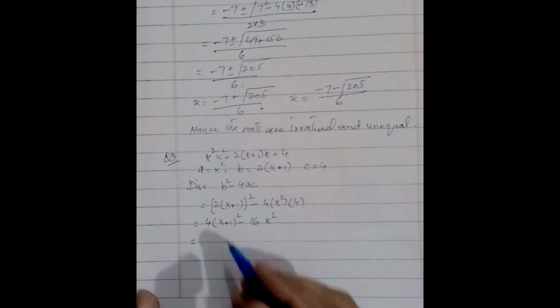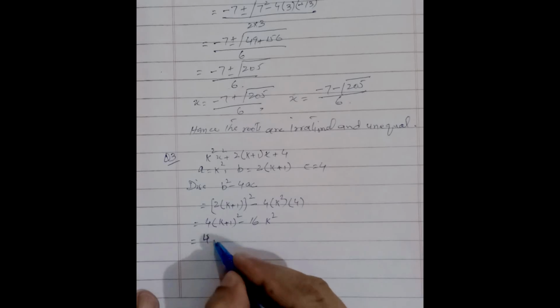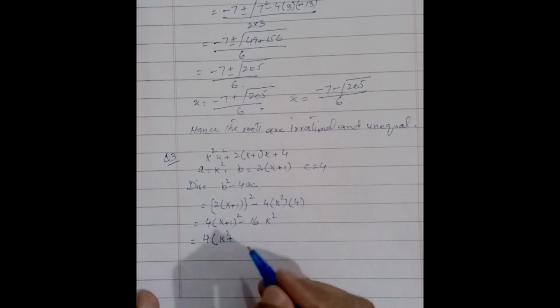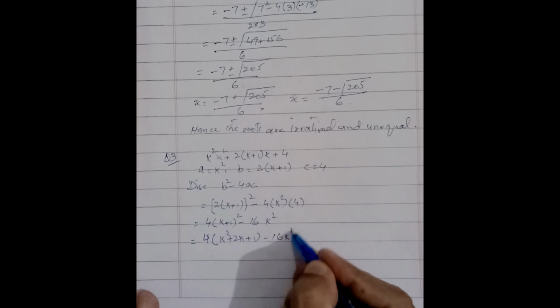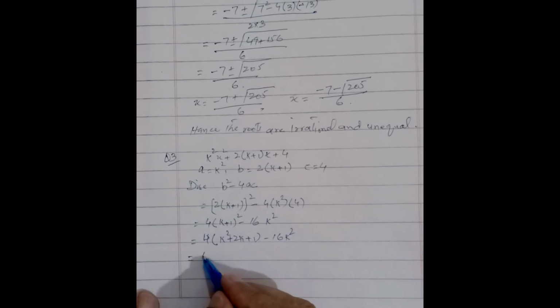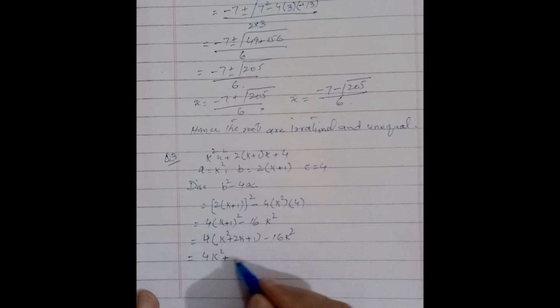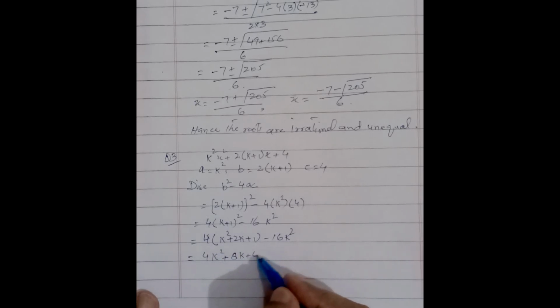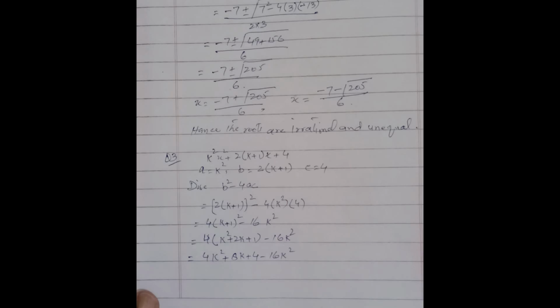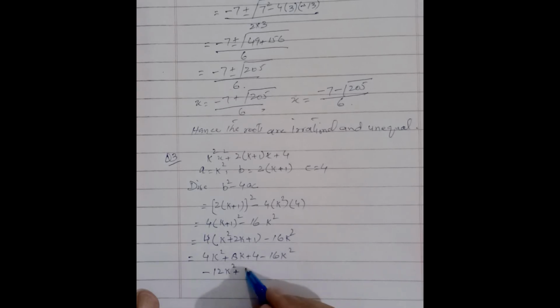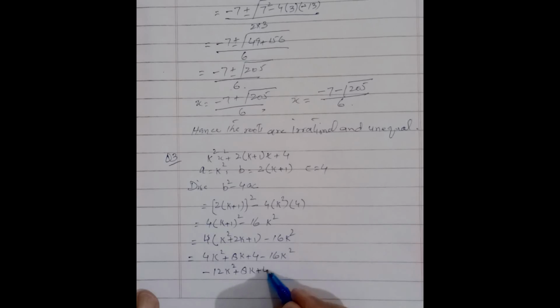Further, by simplifying we get 4 into (k square plus 2k plus 1) minus 16 k square, and 4 k square plus 8k plus 4 minus 16 k square, and we get minus 12 k square plus 8k plus 4.